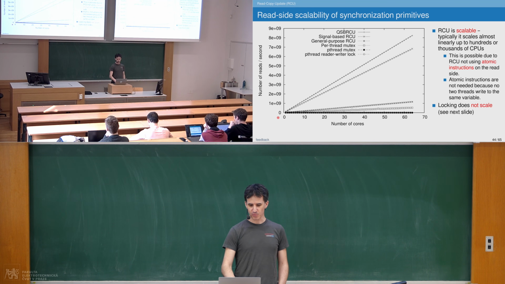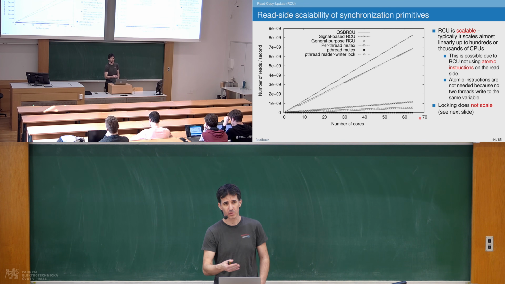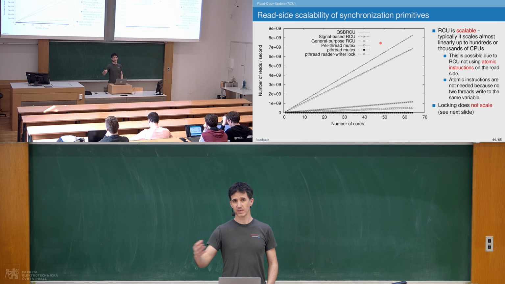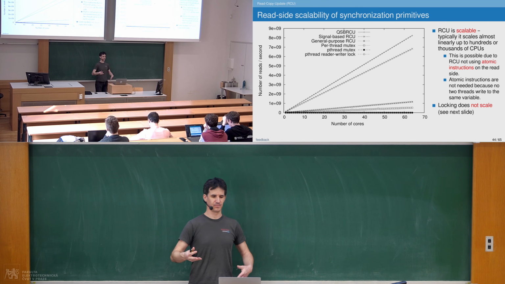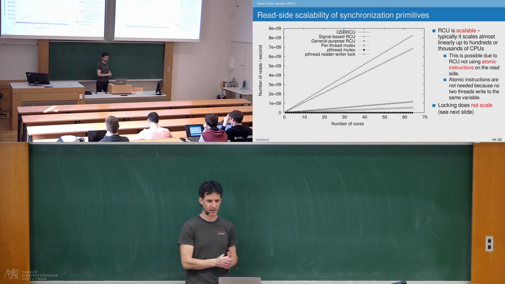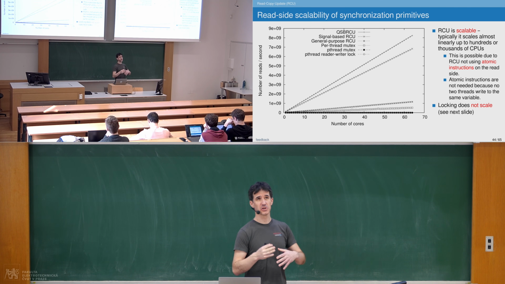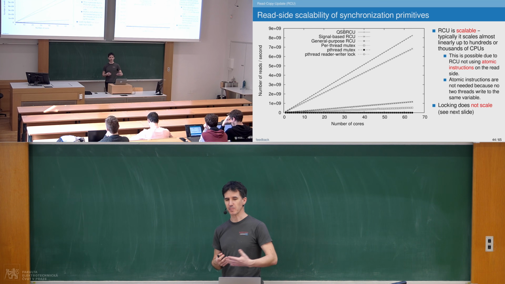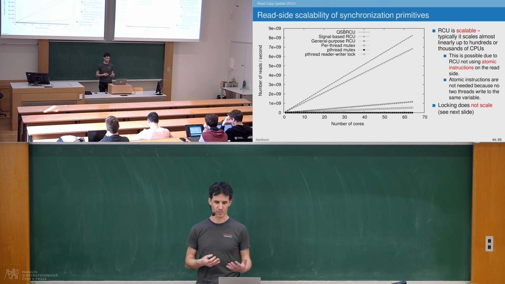So what does scalability mean? Scalability means that the more CPUs you put to your program, the higher performance you get. RCU is a general mechanism, a general principle, and there are multiple implementations of this mechanism.